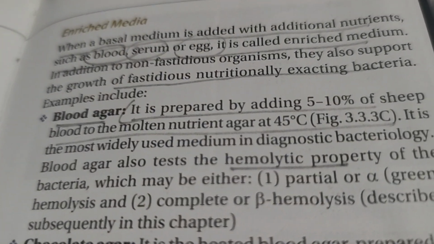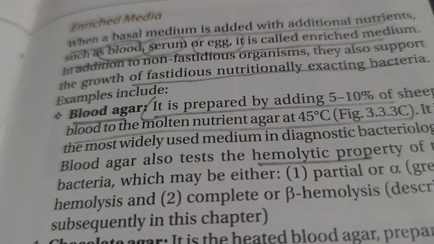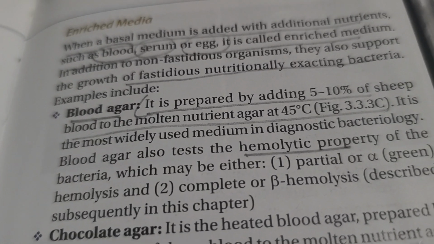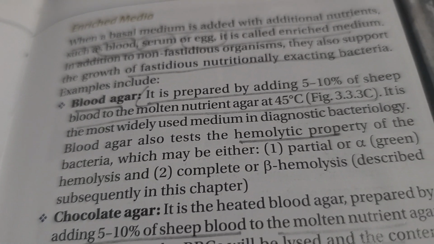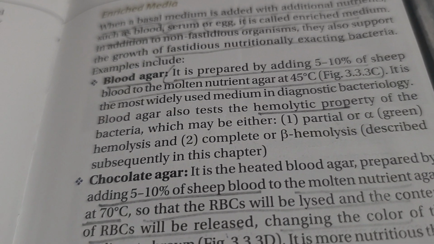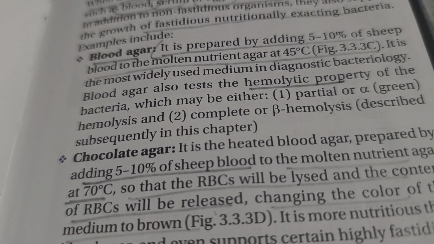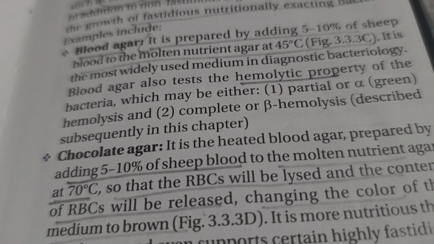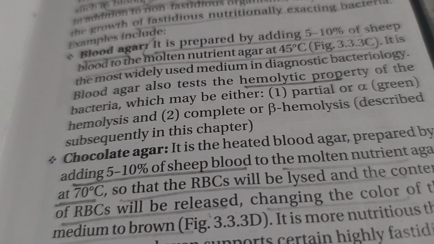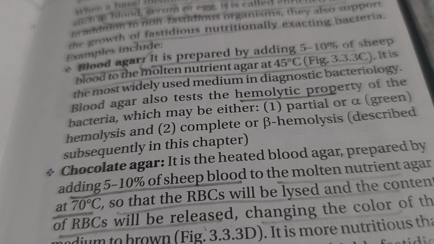Enriched media. When the basal media is added with additional nutrients like blood, serum, or egg, it is called enriched media. In addition to non-fastidious organisms, they also support the growth of fastidious, nutritionally exacting bacteria. Example includes blood agar. It is prepared by adding 5 to 10% of sheep blood to the molten nutrient agar at 45 degrees Celsius.